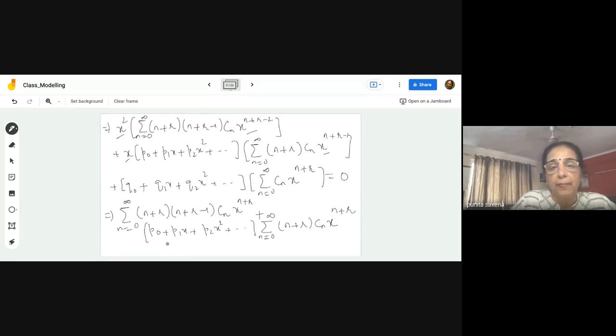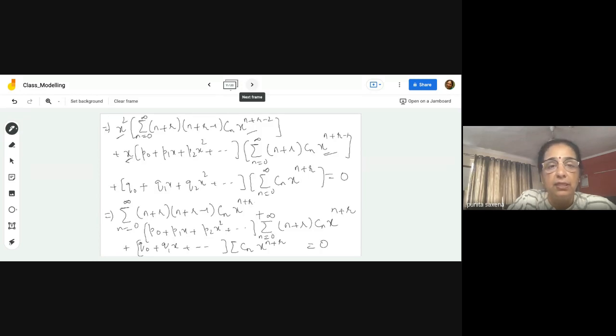This x will get combined with this, and the last term will be something like q0 plus q1x plus so on into summation cn x to the power n plus r equal to 0. Is this right? Please do it yourself, as I can commit a mistake as I did earlier also. So please cross check. Do it simultaneously with me.